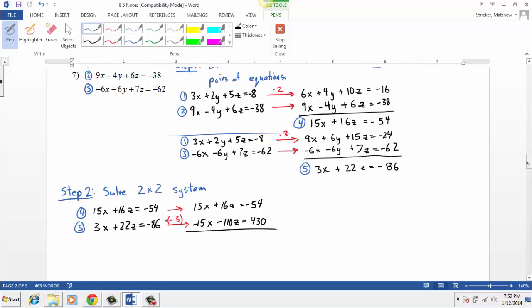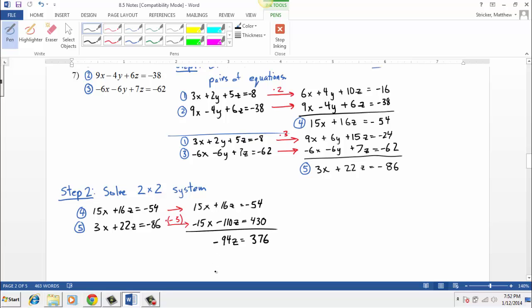If I add 16 to negative 110, I get negative 94z. And if I add negative 54 to 430, I get 376.